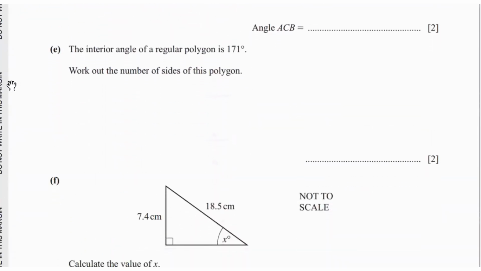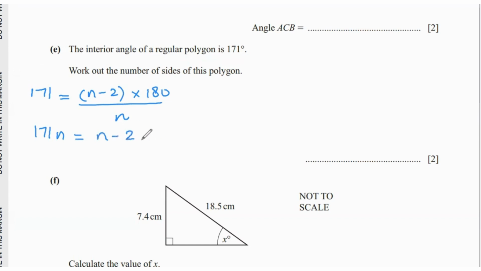The interior angle of a regular polygon is 171. Work out the number of sides of this polygon. So interior angle has the formula of n minus 2 times 180 divided by n. So interior angle is given as 171. Cross multiply. 171n equals n minus 2 times 180. Expand the bracket.